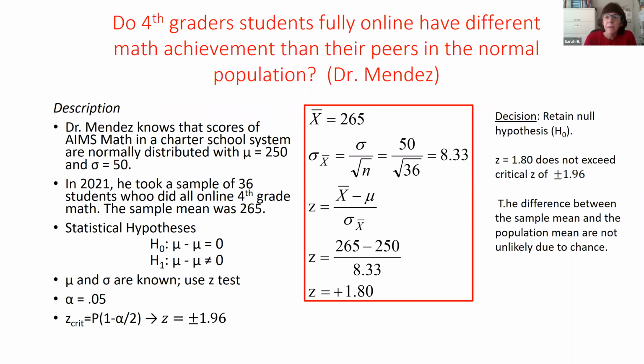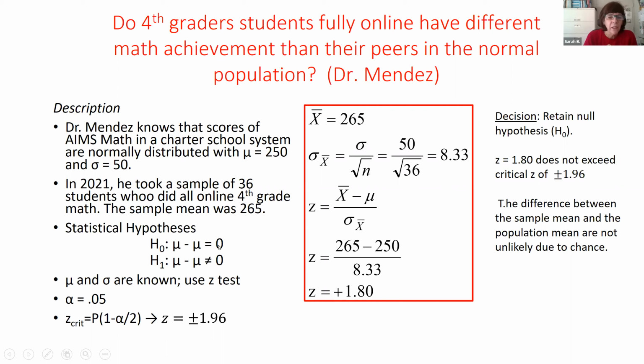And as a numerical example of that, Dr. Mendez did in class: he knows that the scores of Ames Math in a charter school system are normally distributed with a mean of 250 and a standard deviation of 50. He had 36 kids. The sample mean was 265.